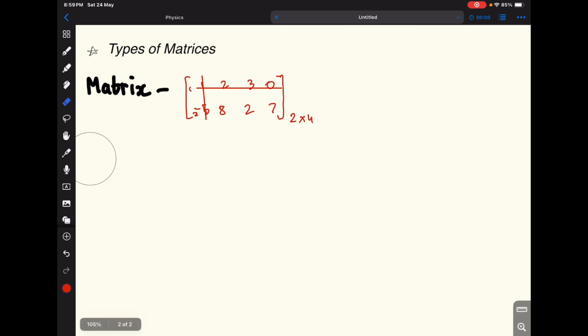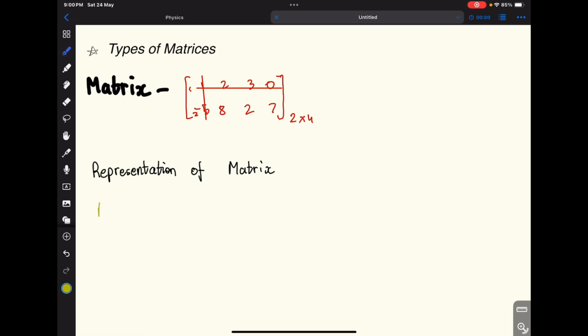Next comes how we represent a matrix. If A is our matrix, then A is equal to [Aij] of order m cross n. This is our way of representing a matrix.